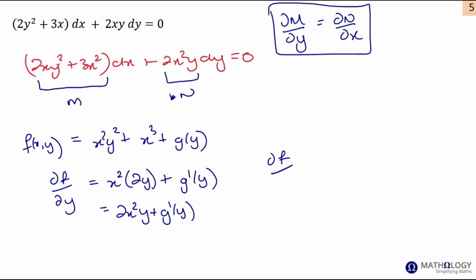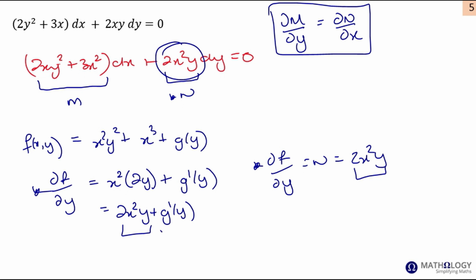Now, the partial of f with respect to y is N, and that is 2x squared y. Now, comparing the two expressions that we have here for the partial derivative of f with respect to y, 2x squared y appears in both, and clearly g prime of y equals 0. So g prime of y equals 0, and integrating that with respect to y, g of y equals some constant c.